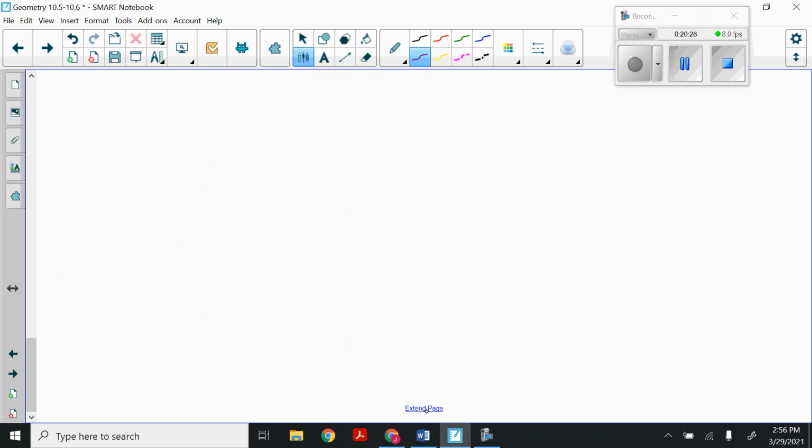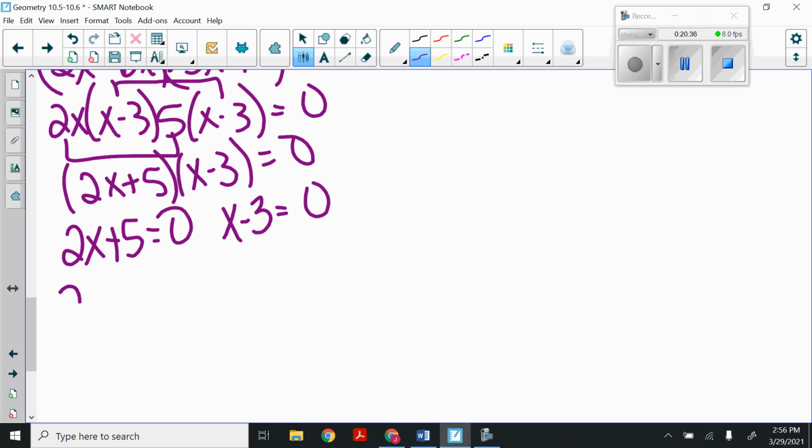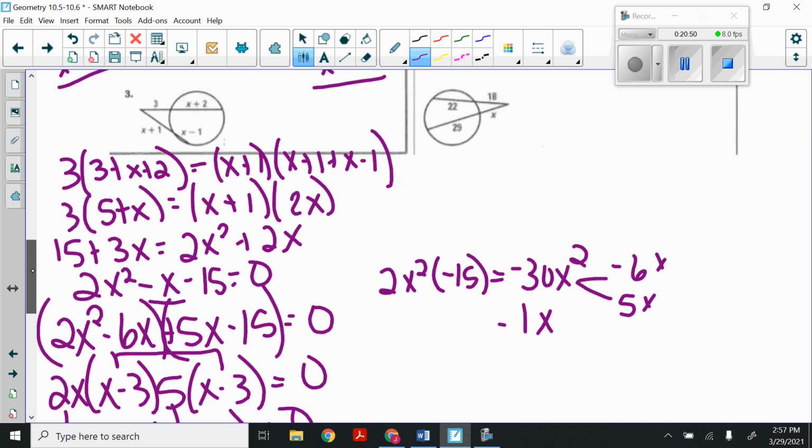I set both of these equal to 0. So 2x plus 5 equals 0. X minus 3 equals 0. So here I get 2x equals -5, x equals -5 halves. Here I get x equals 3. I'm looking for a length, so here my length cannot be negative, so x equals 3 is my only one that works.